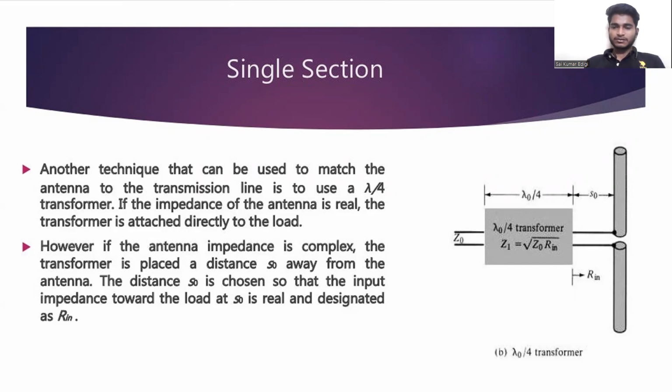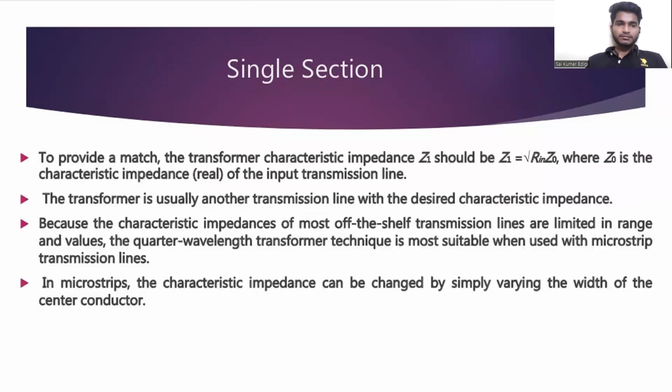Lambda by 4 transformer is used in the single section matching. To provide a match, the transformer characteristic impedance Z1 should be Z1 equal to square root of Rin times Z0, where Z0 is the characteristic impedance of the input transmission line. The transformer is usually another transmission line with the desired characteristic impedance.